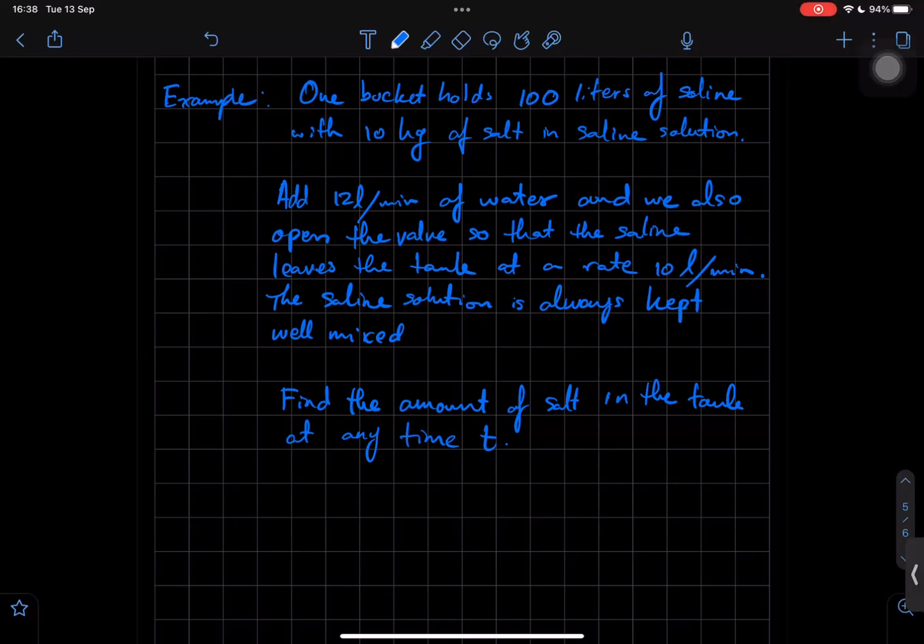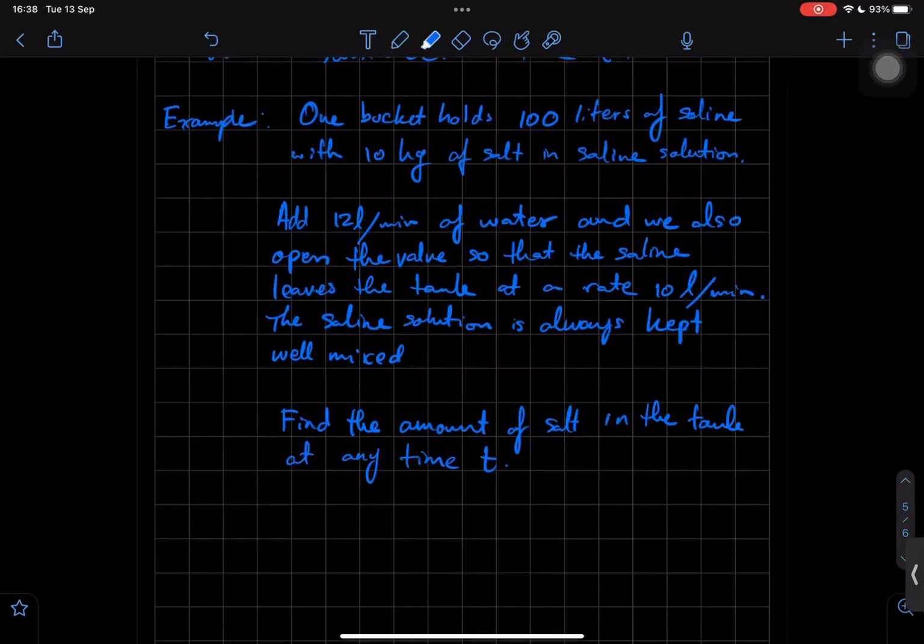Okay, so now what we get is that at time 0, we know that we have 10 kilograms of salt, and also 100 liters of saline.